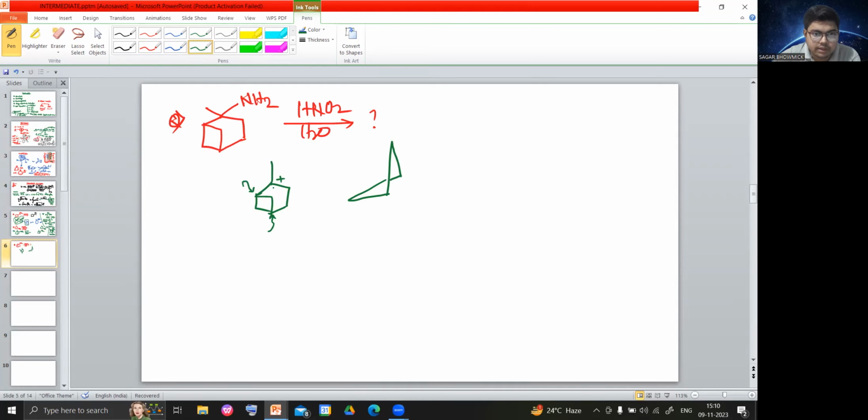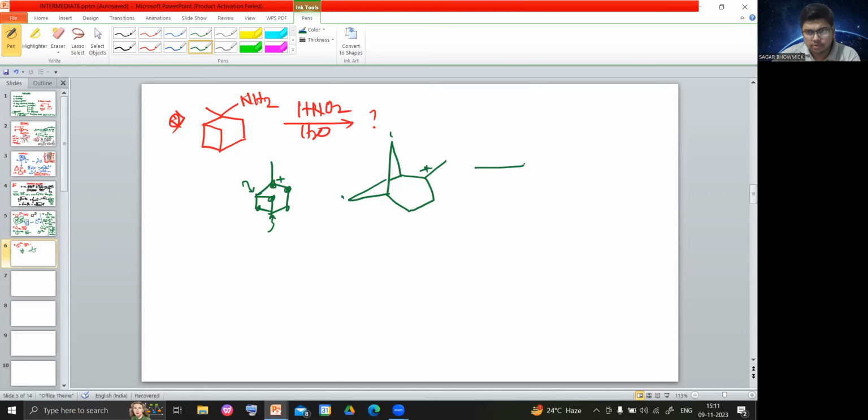Now, it is a 3-1-1 bridge. Here 3 carbon, 1 carbon, and 1 carbon. So it is a 1-1-3 bridge, right? And next to the bridgehead position, we have one methyl group, and here it is the cation.